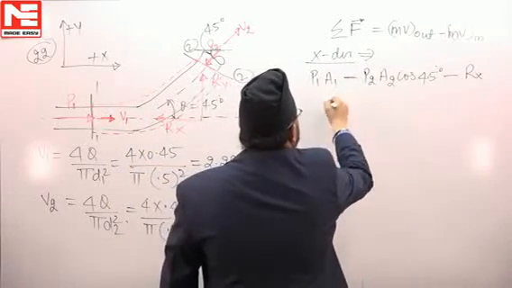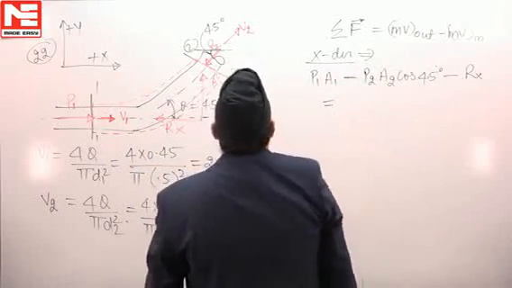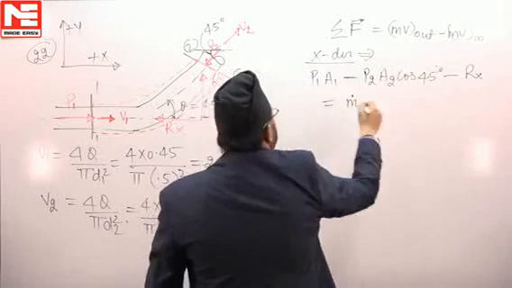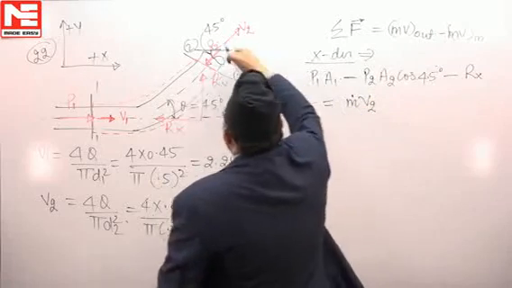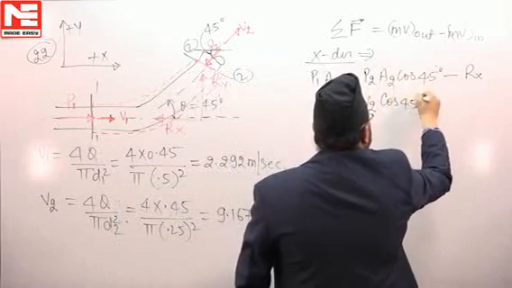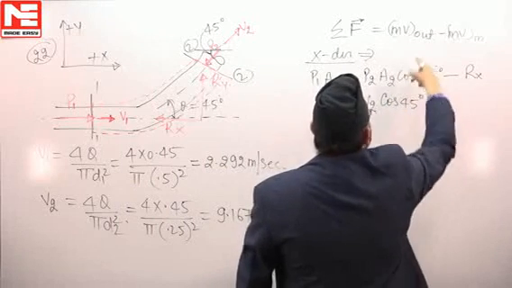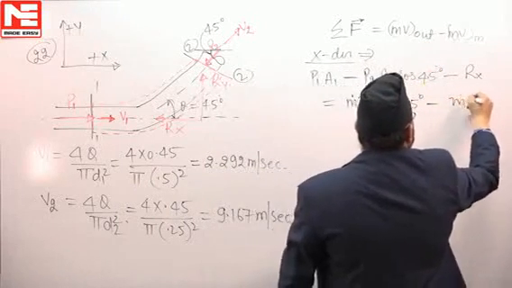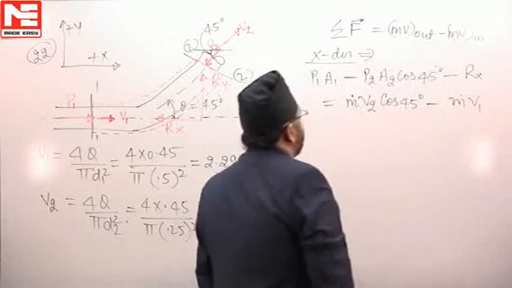That is equal to momentum out, mass flow rate times V2. This is momentum out. The component in the x direction will be cos 45. Momentum out minus momentum in, mass flow rate times V1.